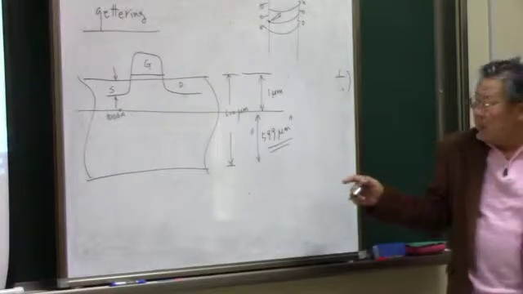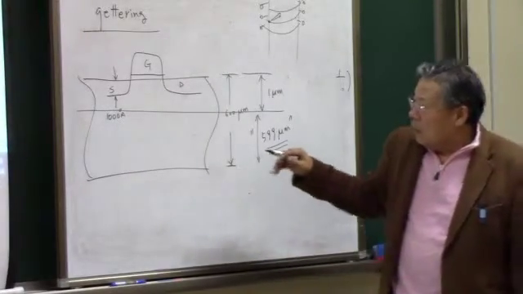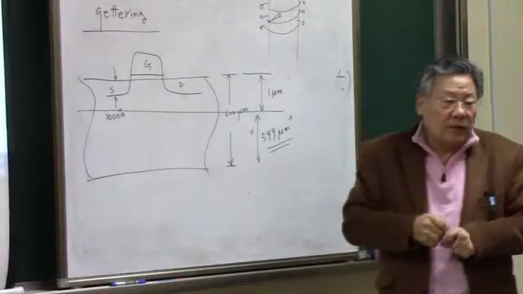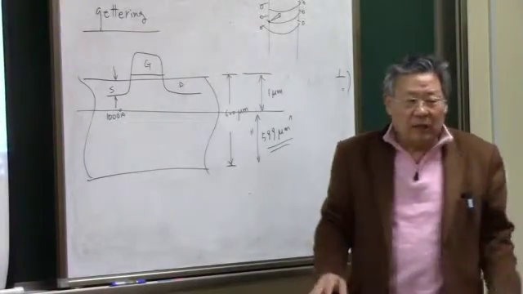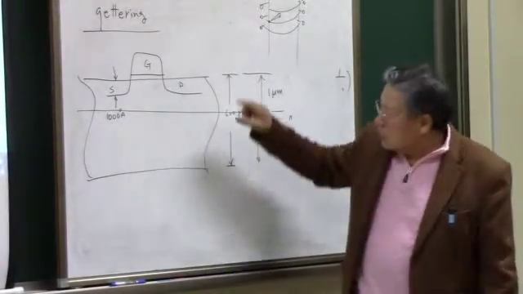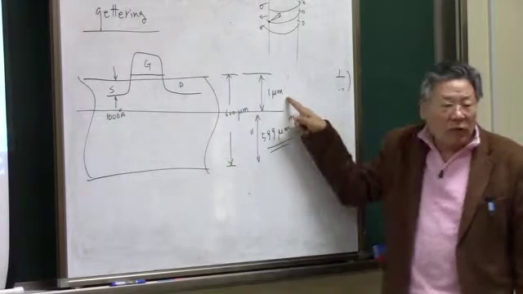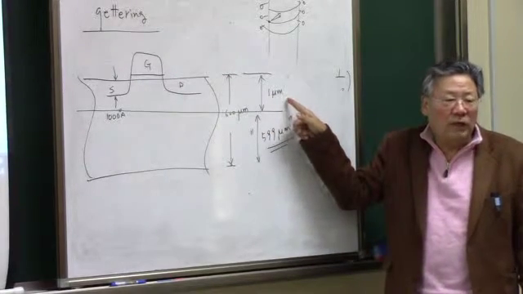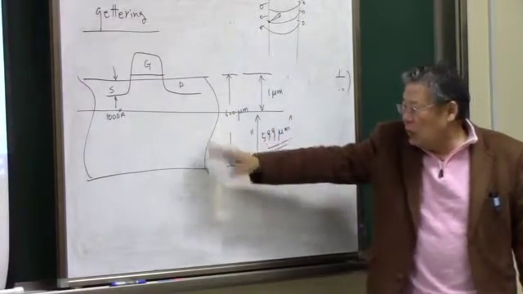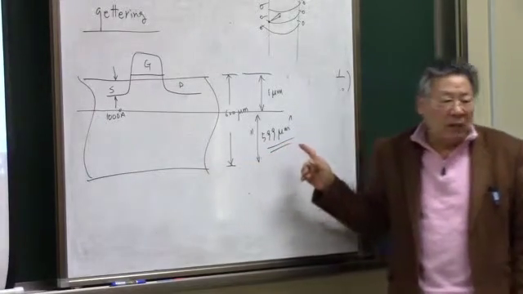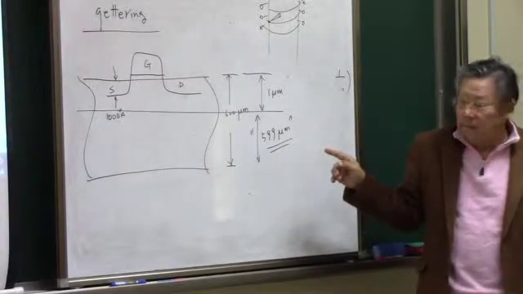Okay? So if you want to have a perfect single crystal without any defect, all you need is just the 1 micron on the top to be defect-free. And you don't care about the 599 microns of the silicon wafer.